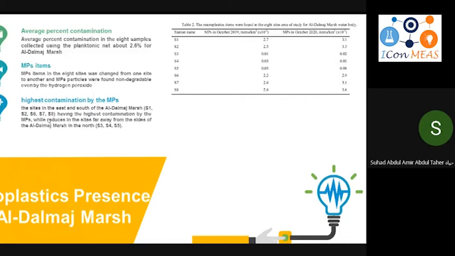The highest contamination by microplastics is found in sites 1, 2, 6, 7, 8, more than in sites 3, 4, and 5. And this table shows the contamination of microplastics in the 8 sites.